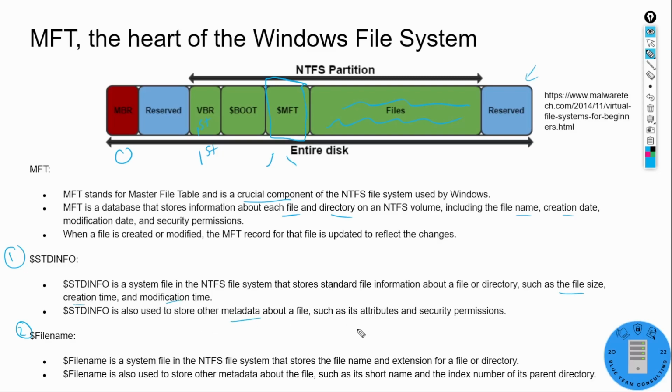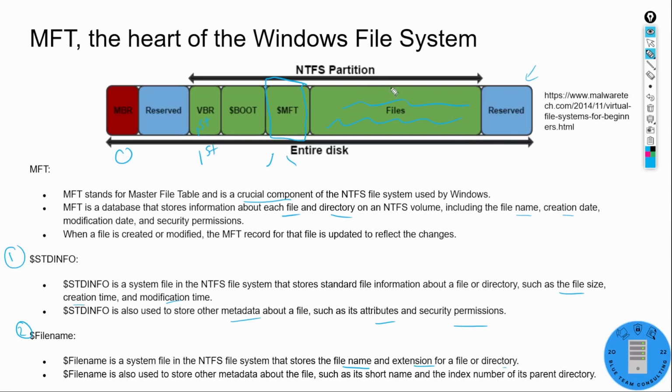Metadata is data about data, so additional information about the file, its attributes, security permissions. And then file name, that's going to store the file name, the extension for a file or a directory. It's going to also have metadata contained in it, and its short name and the index number of its parent directory.